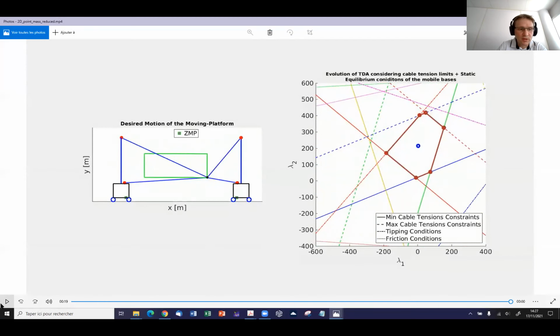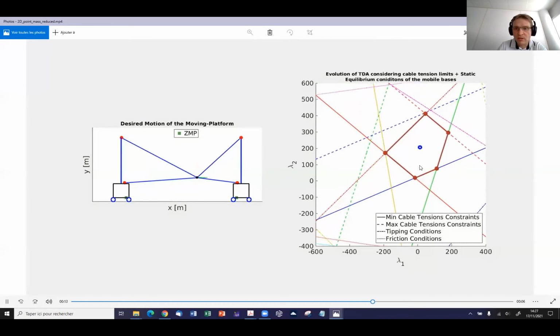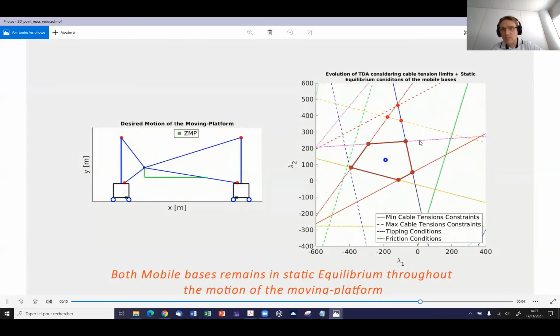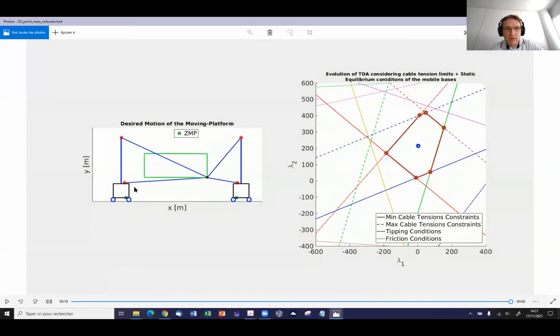However, by considering the tipping conditions and sliding conditions for the determination of this feasible polygon, we make sure that the mobile bases won't tip nor slide when the end effector follows a prescribed path.